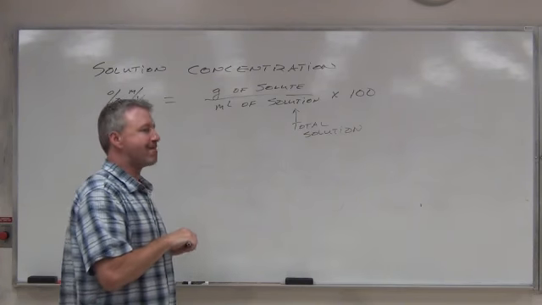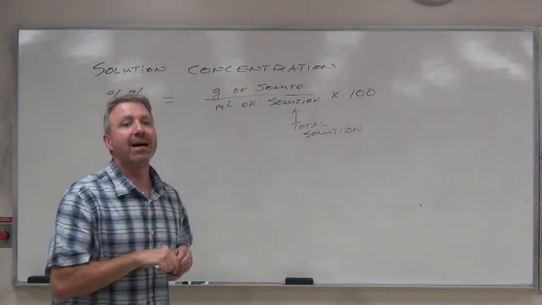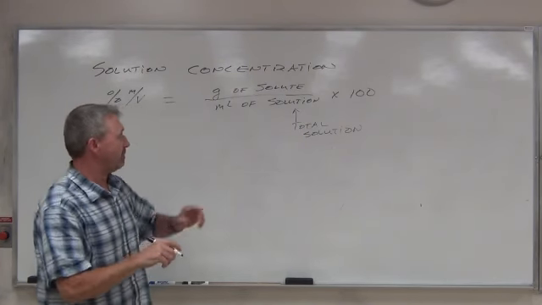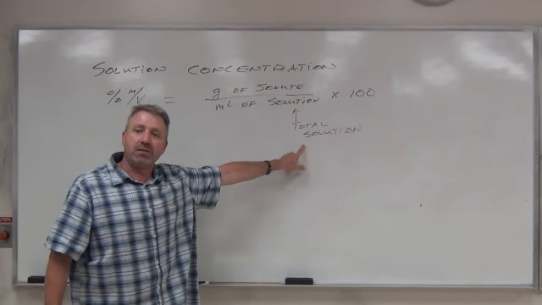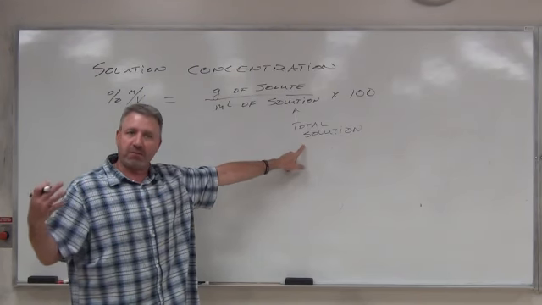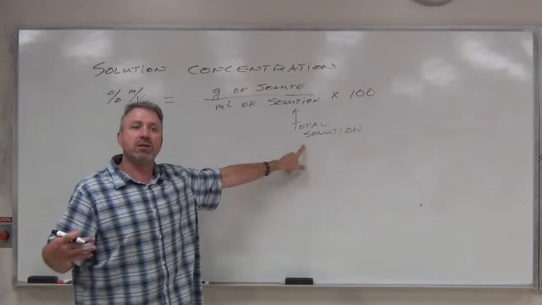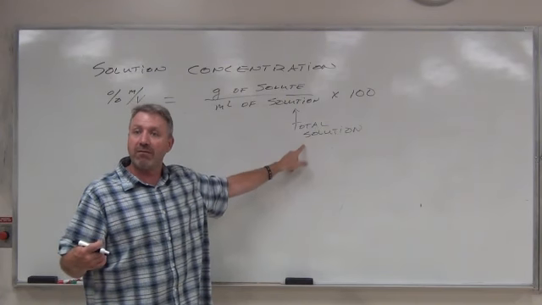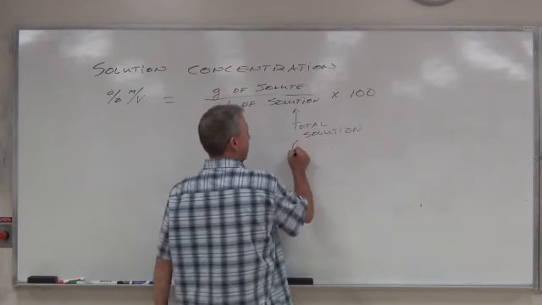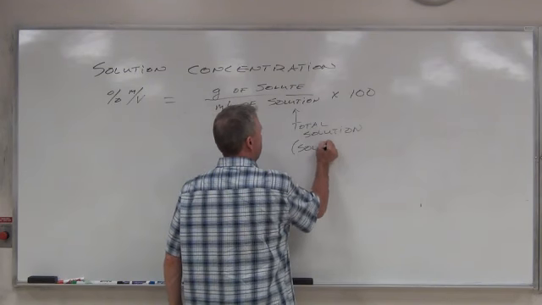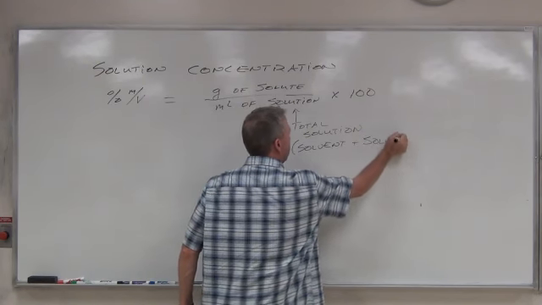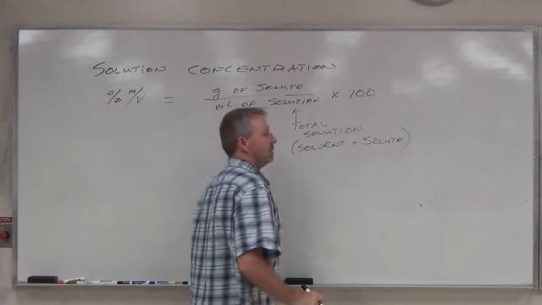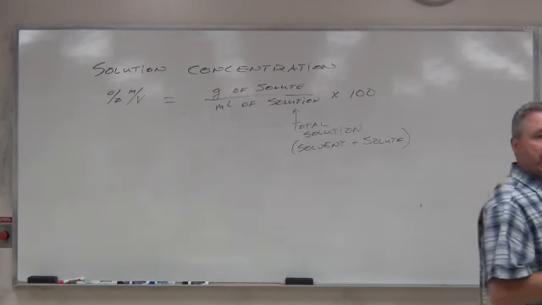So is that a solution, solute, and solvent? Yes, that's exactly what I was going to say. This is total solution. So what did we say solution was at the very beginning? The first thing I wrote down, solution is solute and solvent, right? It's both.